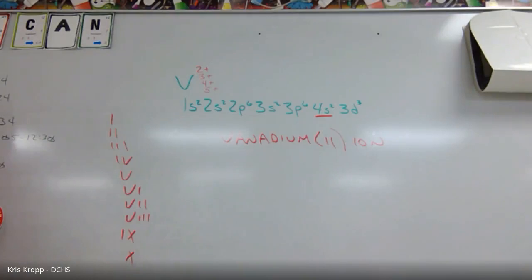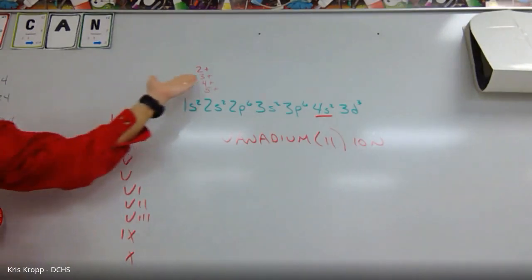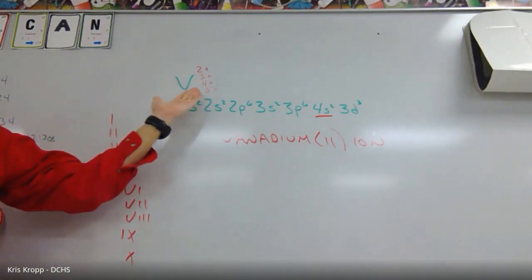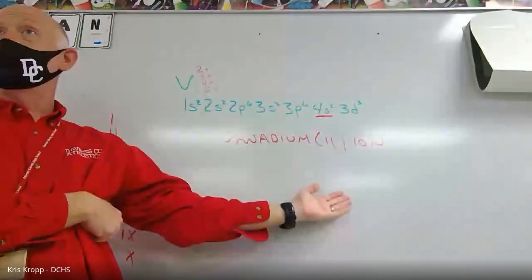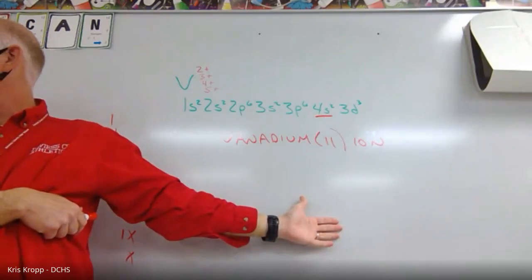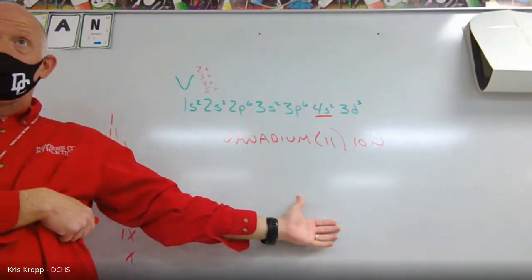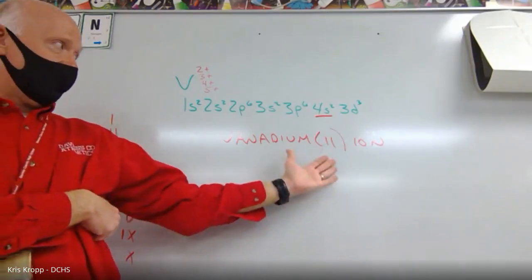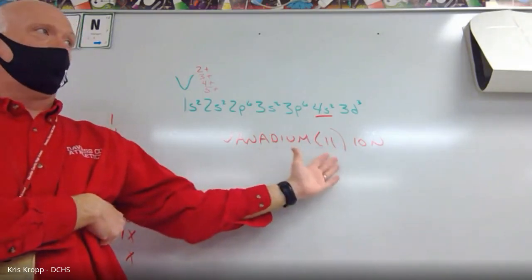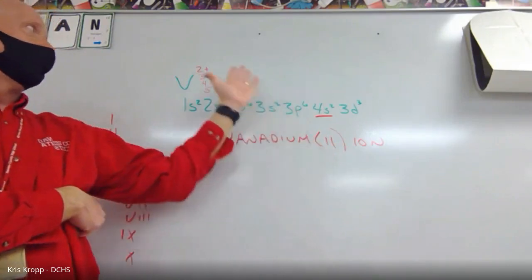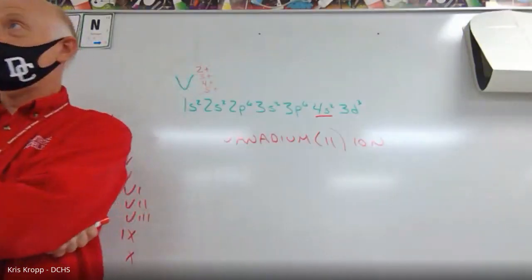Of course, if it gave away any of its d electrons, then we would put the appropriate Roman numeral in here that we need, either 3, 4, or 5, respectively, depending upon how many electrons it gave up. And so, again, with the transition metals, we must use a Roman numeral to indicate the charge of the transition metal.